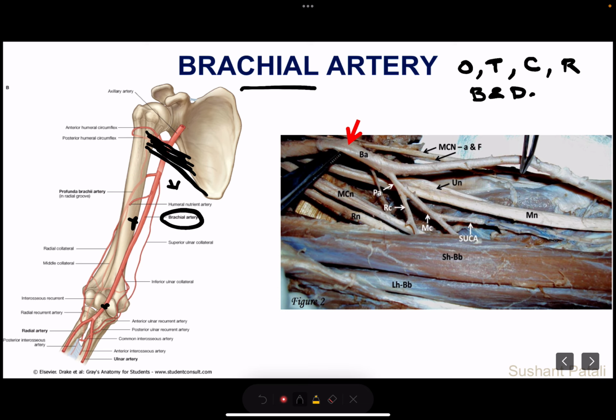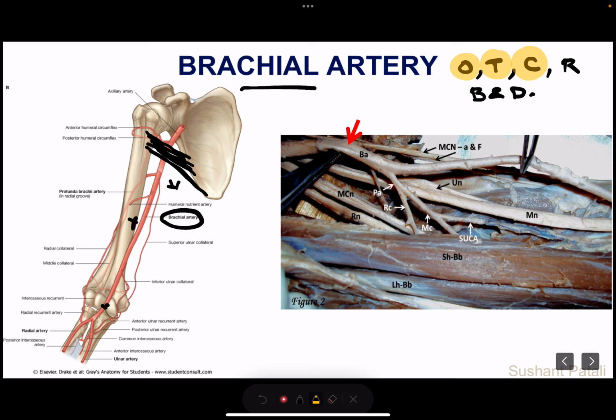So the origin is the continuation of the axillary artery at the lower border of teres major, and the termination of the brachial artery is in the cubital fossa at the neck of the radius by dividing into radial and ulnar arteries. Okay, so the brachial artery is actually very much superficial throughout its course, from origin to termination. The course is the path taken by the artery.